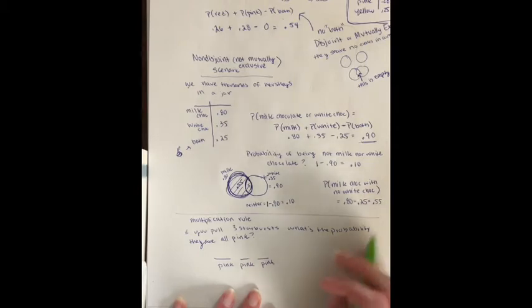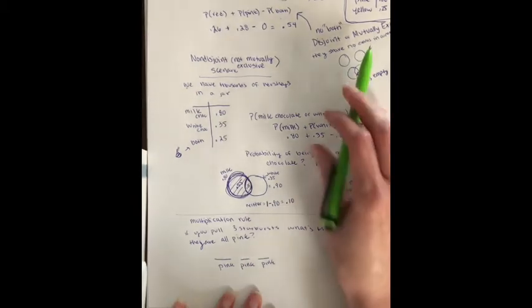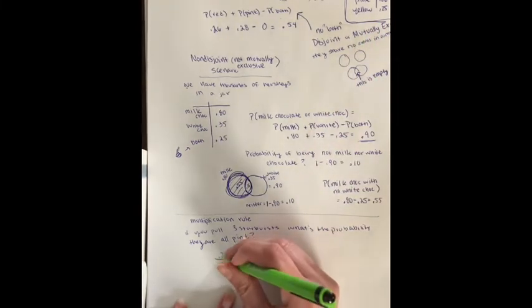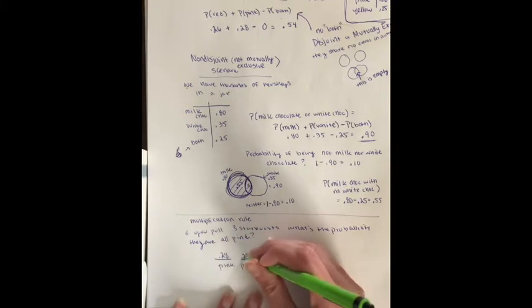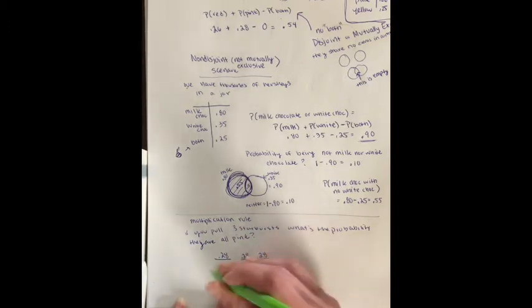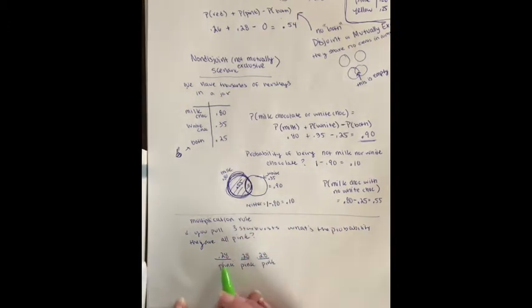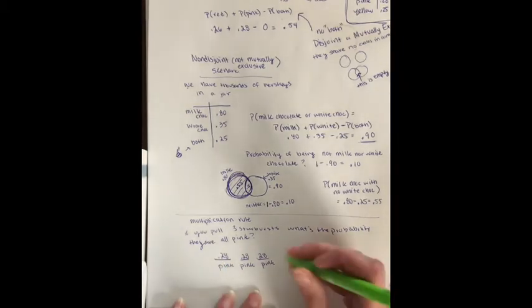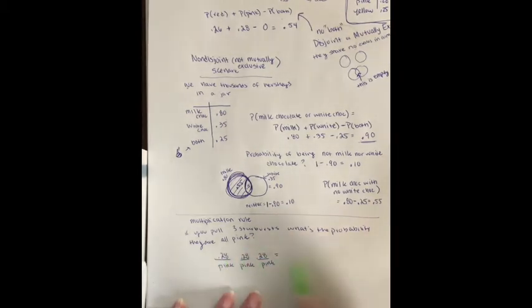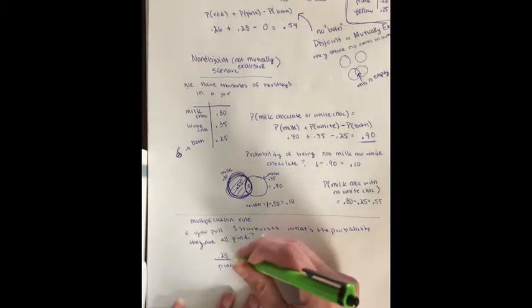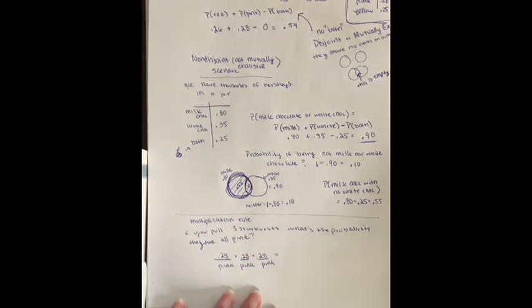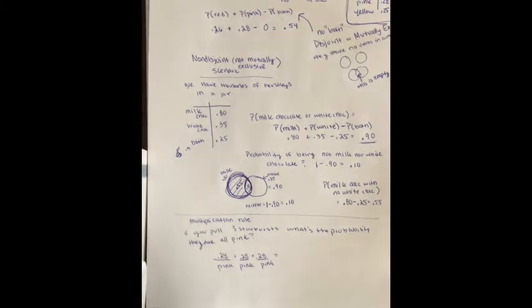Okay, so pink is 0.28 according to up here. So these are all 0.28. And it should be much harder to get 3 pinks in a row than just 1 pink in general. So it should be harder, and so then that means our probability should be decreasing, which means we multiply. And this is why it's the multiplication rule.